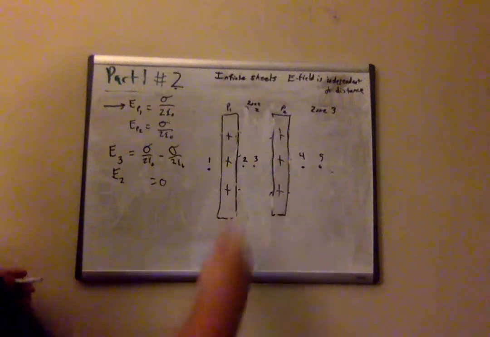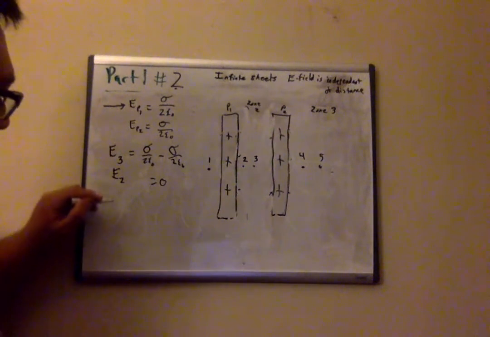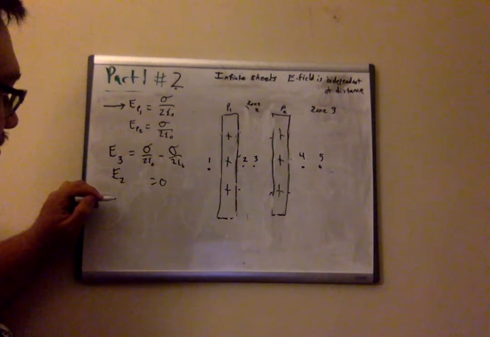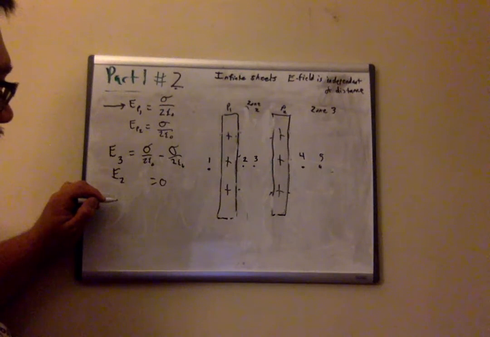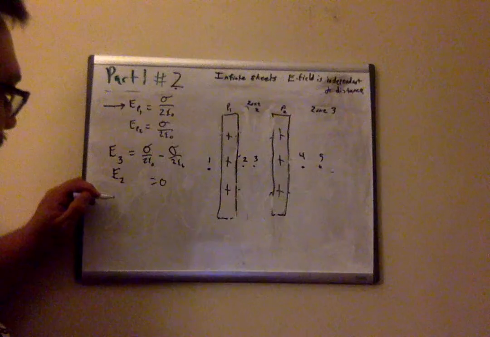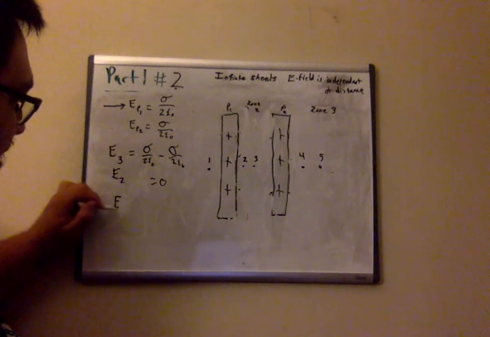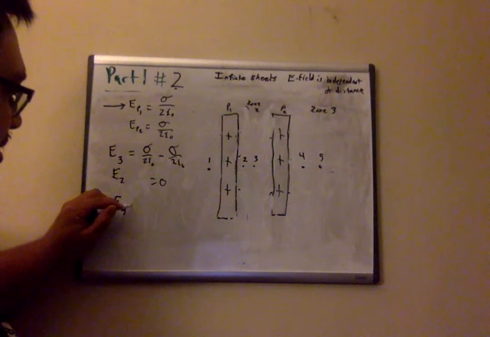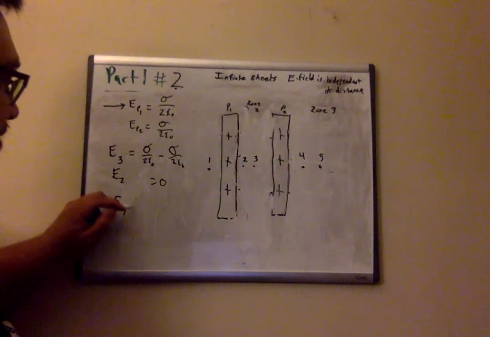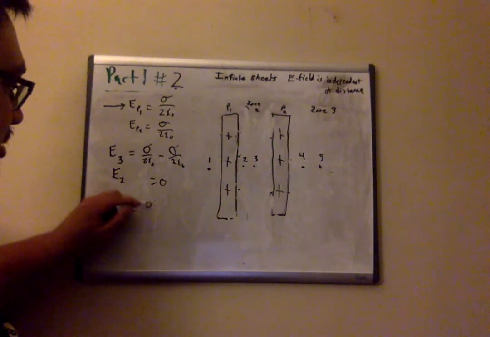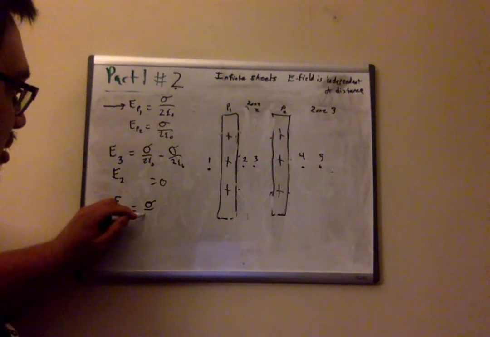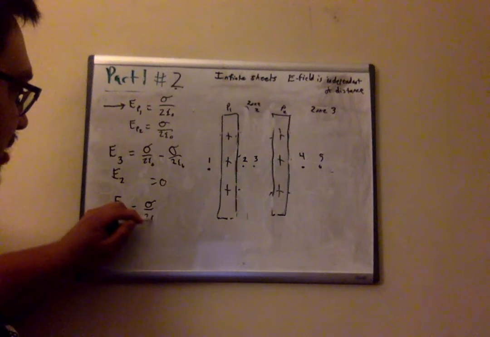So now let's say for points 4 and 5, for point 4, the magnitude of the electric field is going to be sigma, the charge density, divided by 2 epsilon naught.